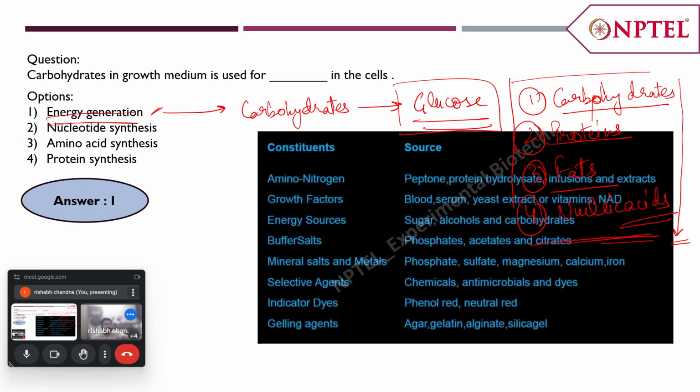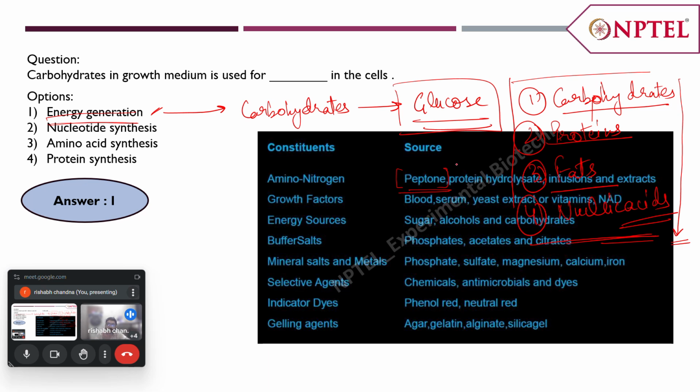And these are the different components that are basically used for different sources. For example, for the protein source or nitrogen source in a medium, that means any form of crude protein, generally we use peptones.